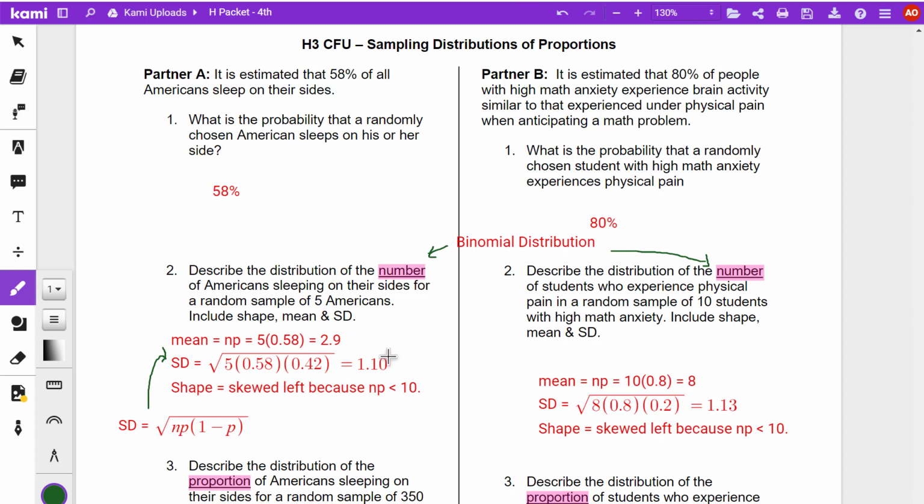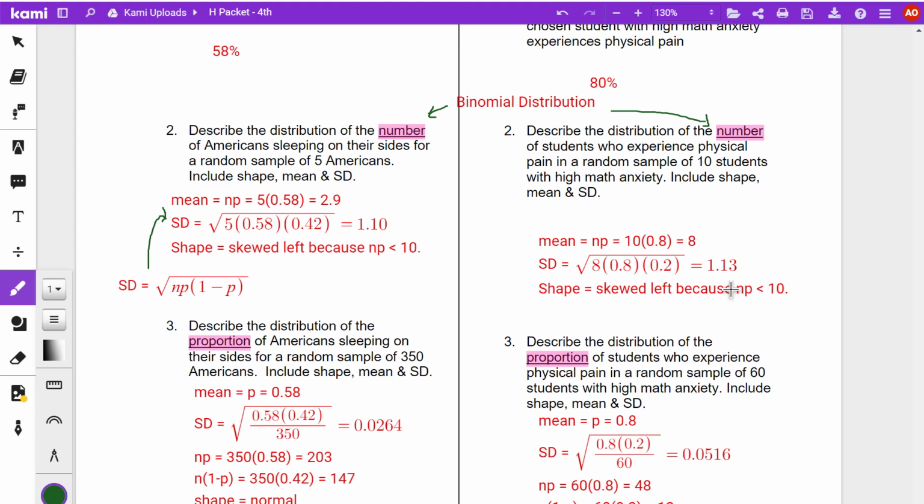If I say it's a normal distribution, I need the mean and standard deviation, and I have no place to start. But the binomial has formulas for the mean and the standard deviation. So we have our mean, we have our standard deviation, and it's 8 and then 1.13.